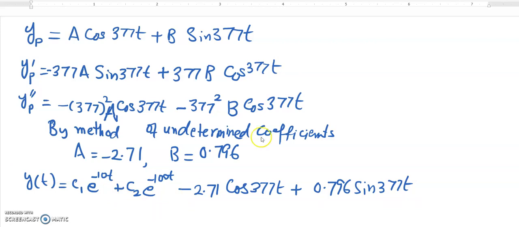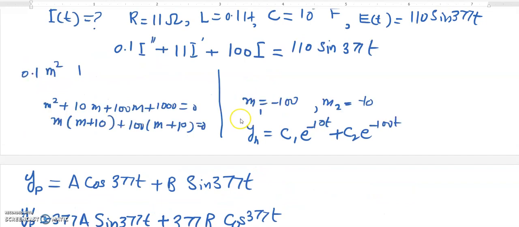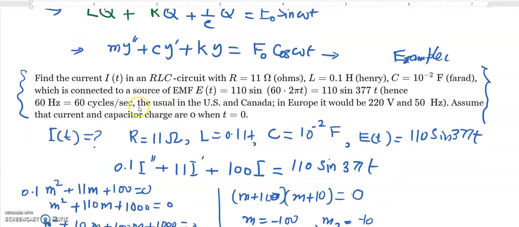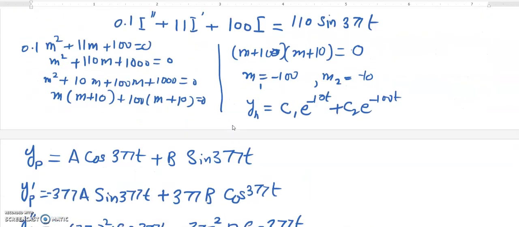The initial conditions are given in the statement of the problem here. Assume that the current and capacitor charge are 0 when t is equal to 0. So current is 0 at t equal to 0, and also the charge is 0 at t equal to 0.